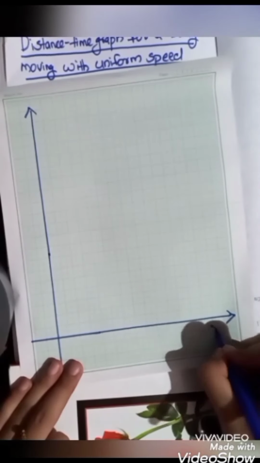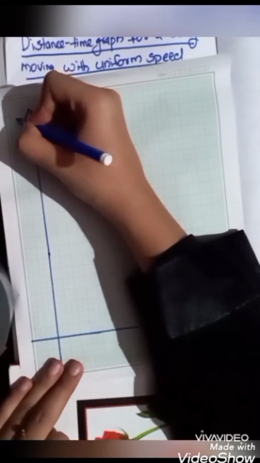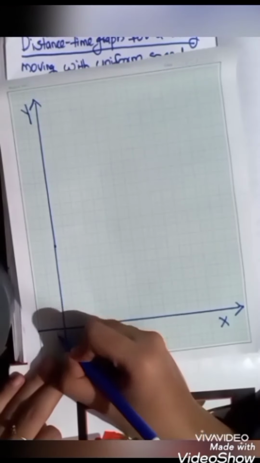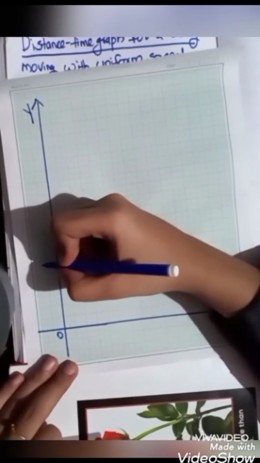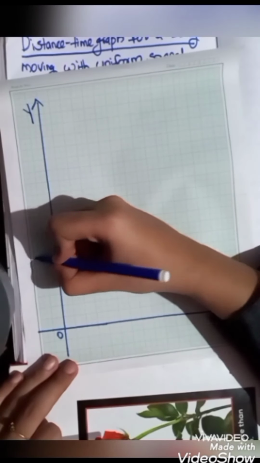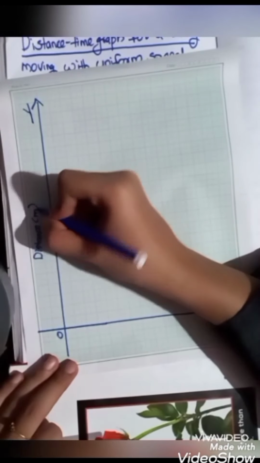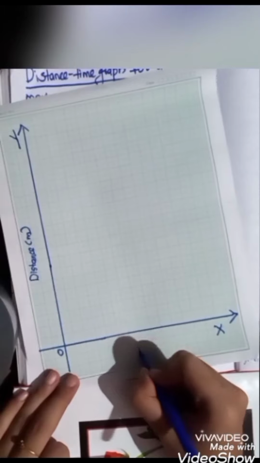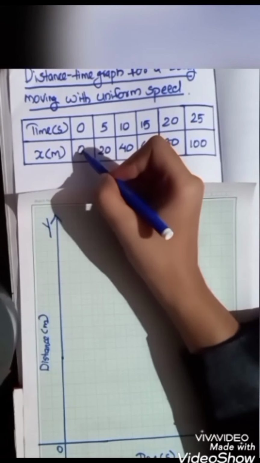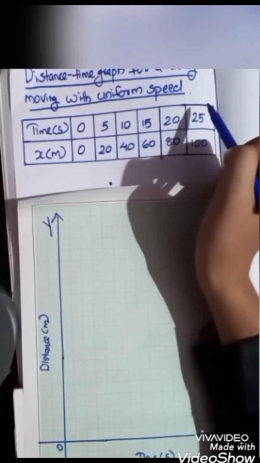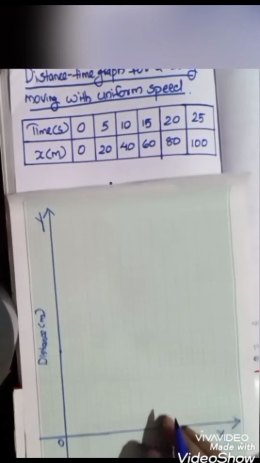Here is the x-axis and here is the y-axis, and here is the origin. Here we take the distance in meters and the time in seconds. The time is 0, 5, 10, 15, 20, 25, that is the multiples of 5.